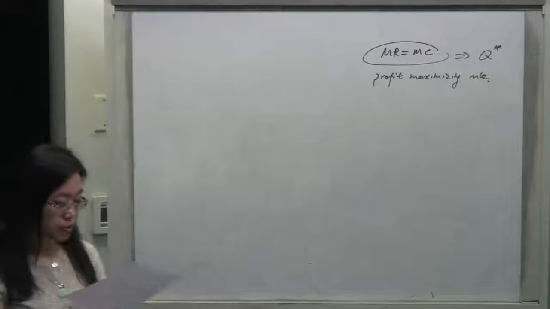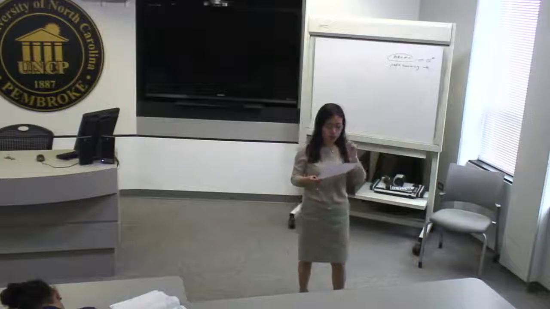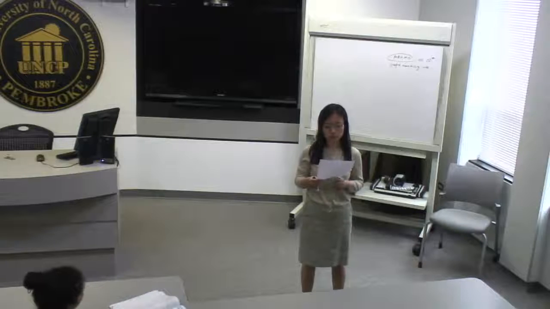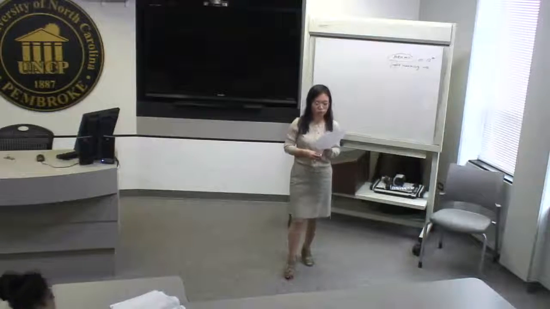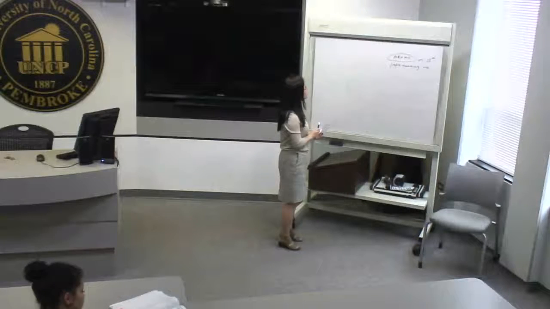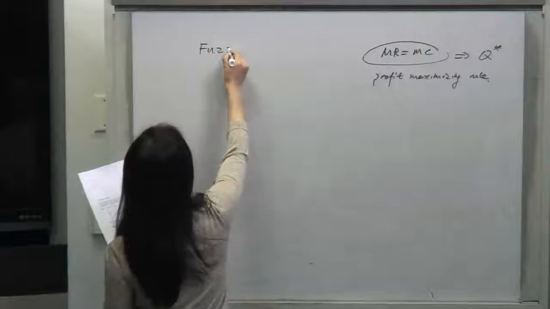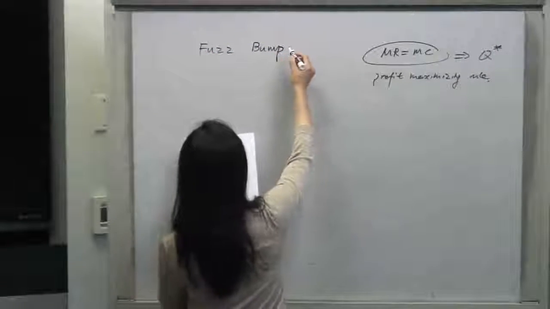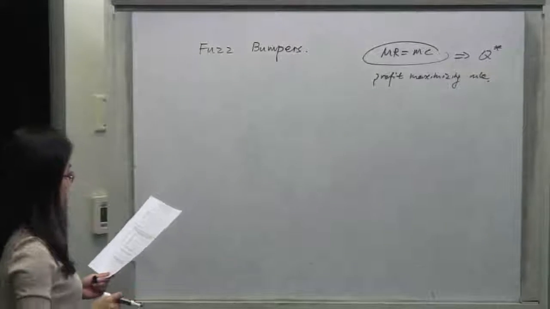All right, so this example is as follows. Suppose we're talking about a production schedule at Fuzz Bumpers Incorporation. So this company's name is Fuzz Bumpers. They make bumper stickers.